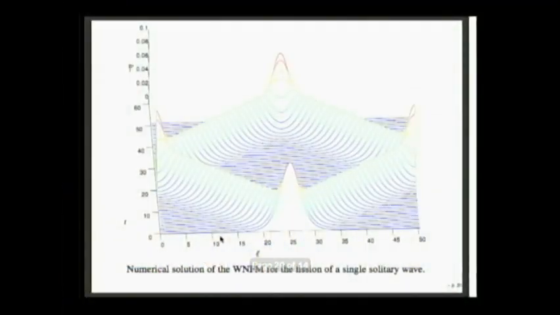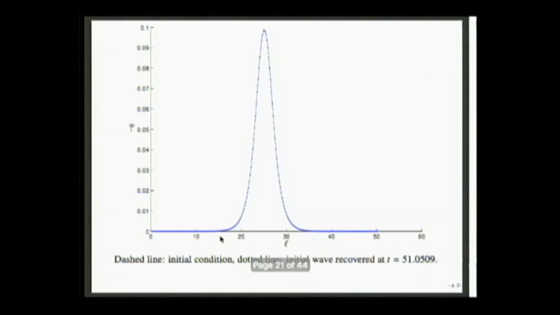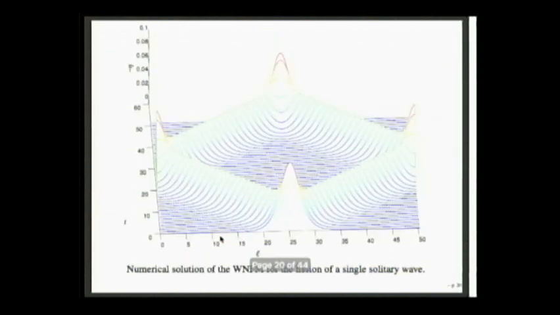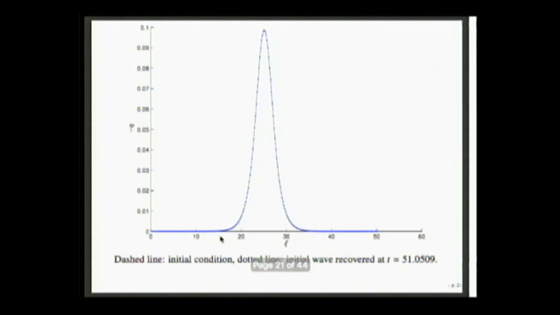Or we can play with it and make it split in what is called the fission of the solitary wave. This is a traveling wave for this system, as you can see. And when it, again, returns to its original position, the agreement also is quite good.